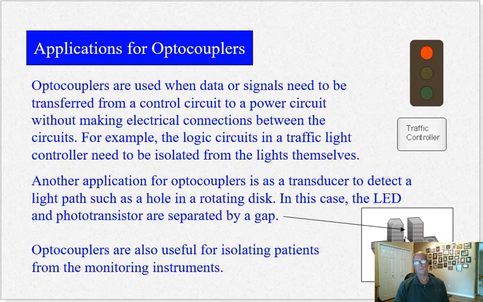This is just for if you pass something through here, it'll interrupt. Again, this is a break beam type of application used in industrial controls quite a bit, and paper copiers and things like that. Anytime you have to take a physical object and move it through something without any friction, you can use an optocoupler.